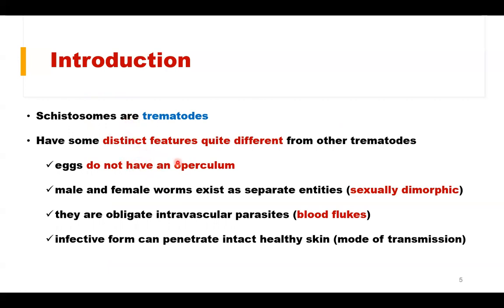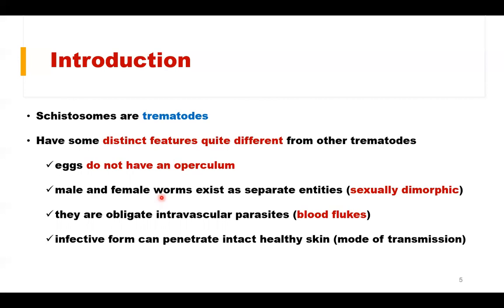The eggs of Schistosoma species, as opposed to other trematodes, do not have an operculum. You know, the operculum is that opening through which the juvenile worm escapes. But with schistosomes, what you have are spines, and the location of these spines can help us to speciate the organism.